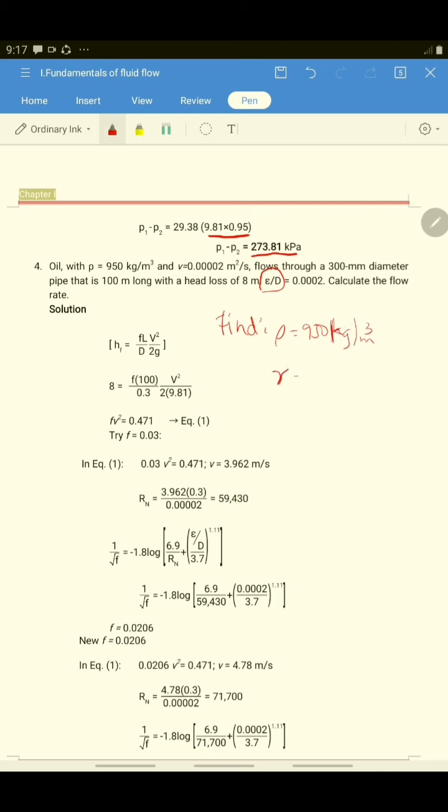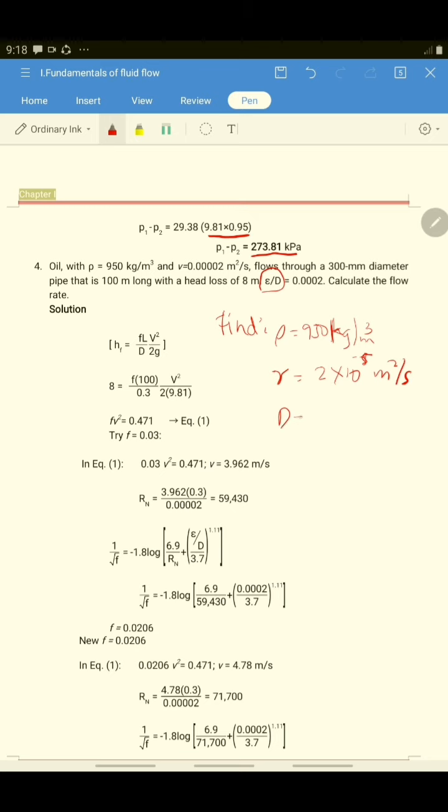Then the kinematic viscosity, you have 2 times 10 to the negative 5, meter squared per second.